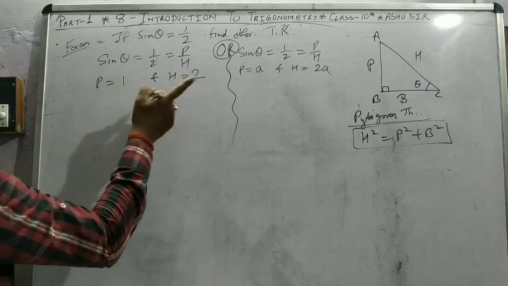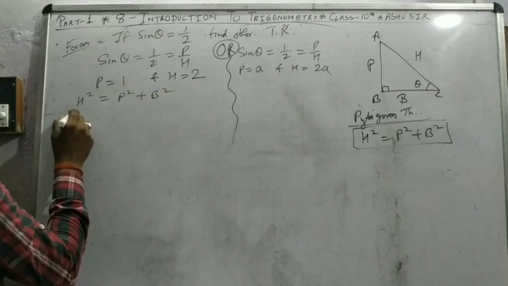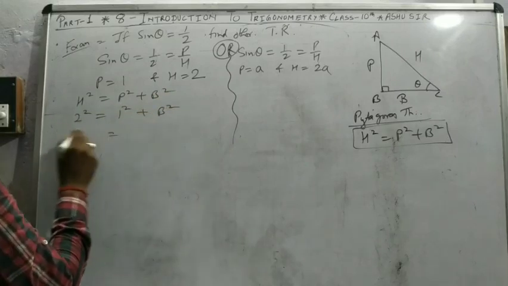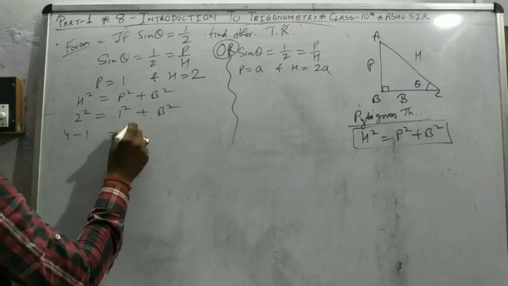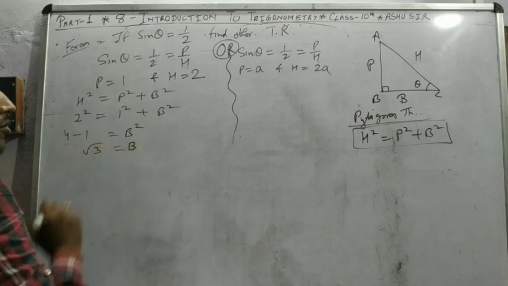Okay, then find the base by using the Pythagoras theorem. 2 square, 1 square, B square, 4 minus 1, B square, so root 3 is B, the value of the base.